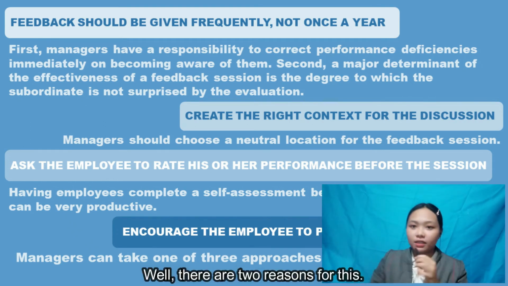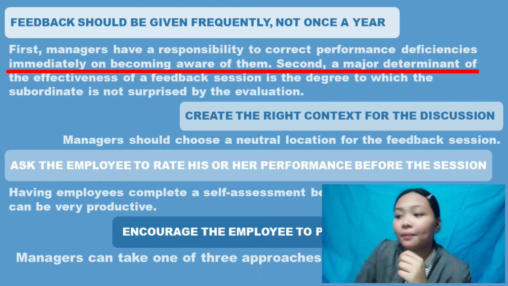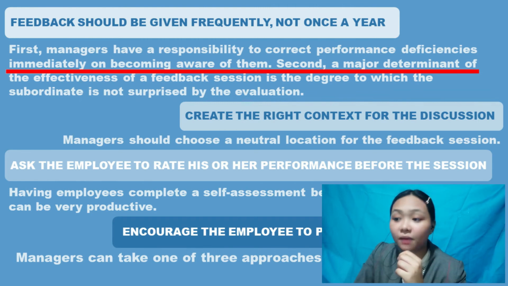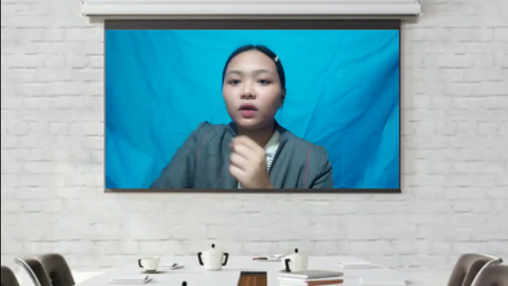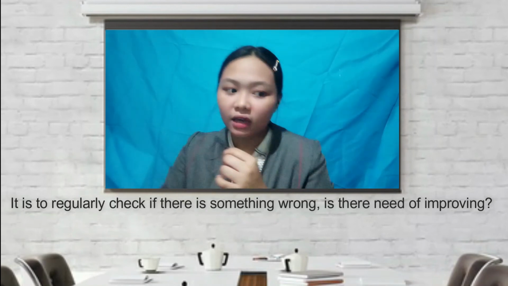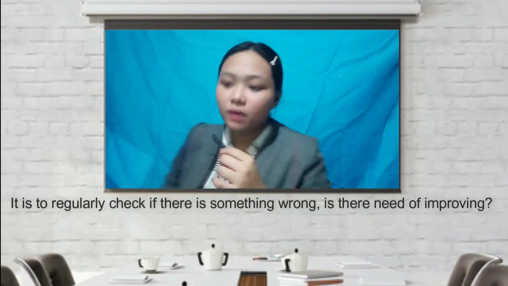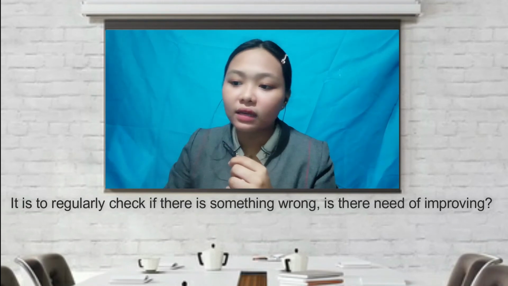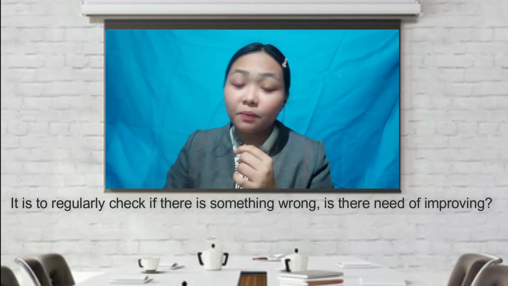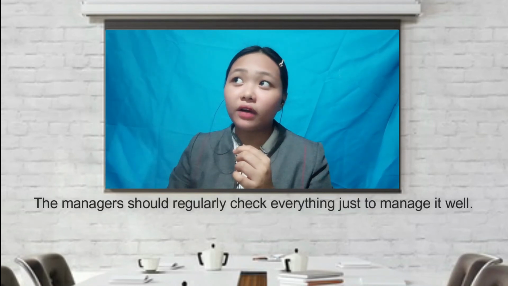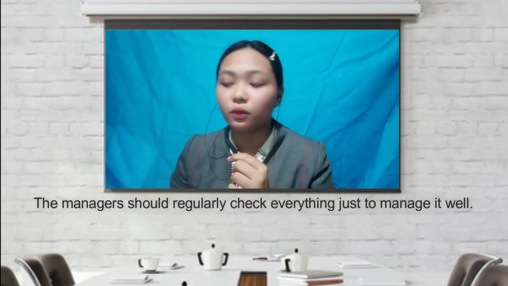There are two reasons for this. First, managers have the responsibility to correct performance deficiencies immediately upon becoming aware of them. So it is to regularly check if there is something wrong, if there is a need for improvement. The manager should regularly check everything just to manage it well.